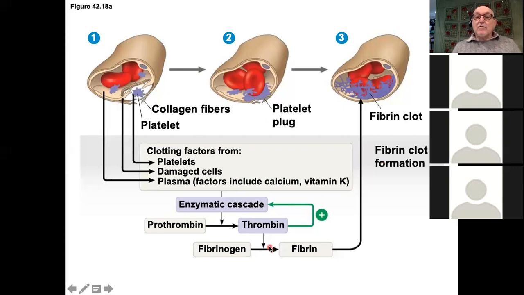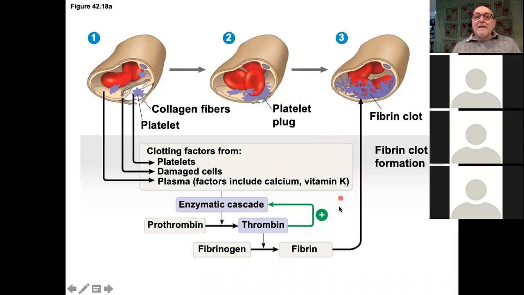I don't need you to remember all of the details of this. What I do need you to remember is that the principal spur for formation of the clot is blood platelets. There is also some influence from damaged cells themselves, but it's the blood platelets that are the most important contributing factor.